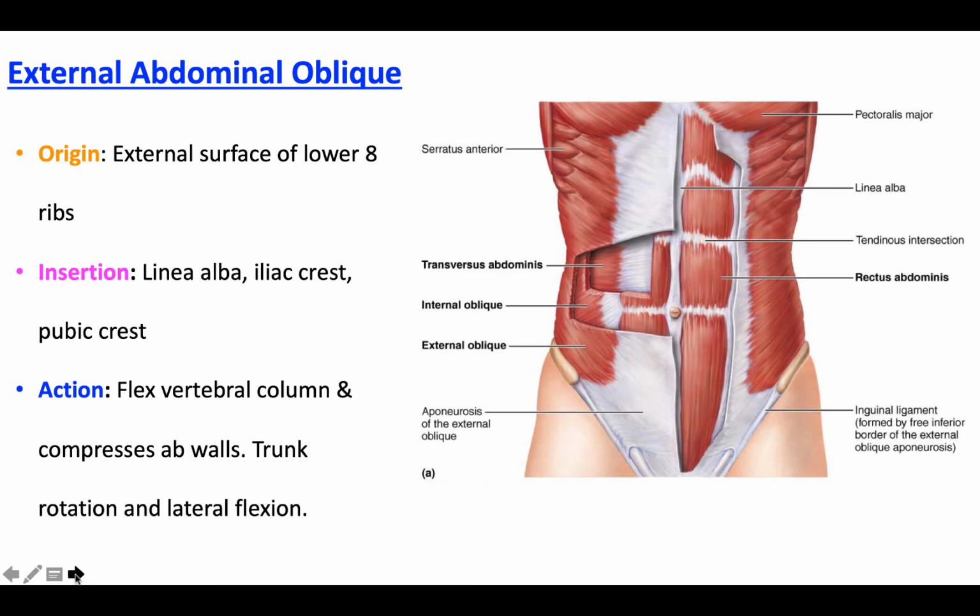The external abdominal oblique muscles. So this muscle is very straightforward. We said oblique means what? Do you guys remember? Okay, if you said oblique means diagonal, you are correct, my friend. All right, now take a look at the external oblique muscle.